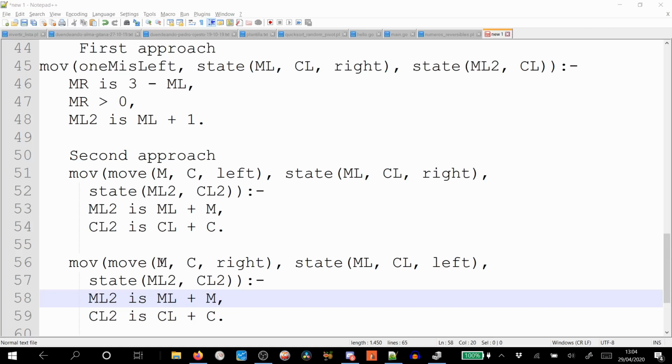Okay. It will be 2 missionaries, 2 cannibals, or 1 missionary and 1 cannibal, and that's all. We have 3 options here: 2 0, 0 2, or 1 1.